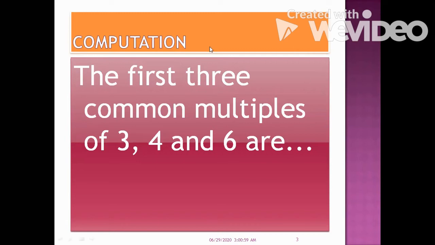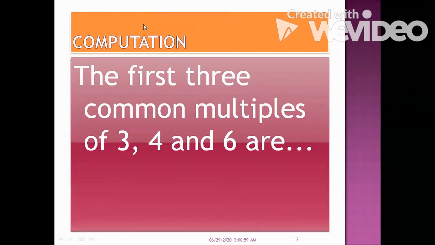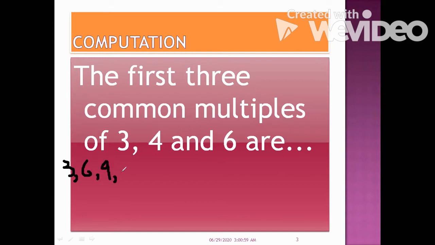The question says the first three common multiples of 3, 4, and 6 are. So what we're going to do is find the multiples of 3. So these are the multiples of 3. Oops, that shouldn't be 13, sorry.